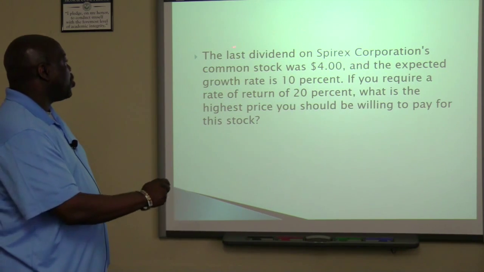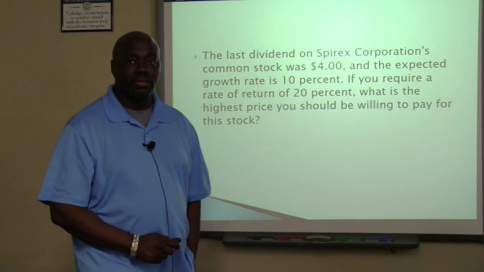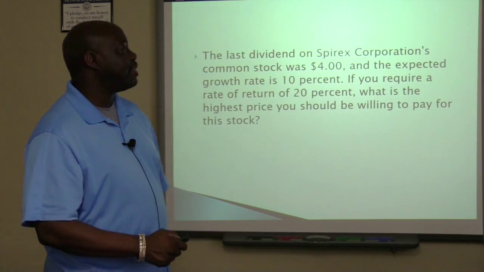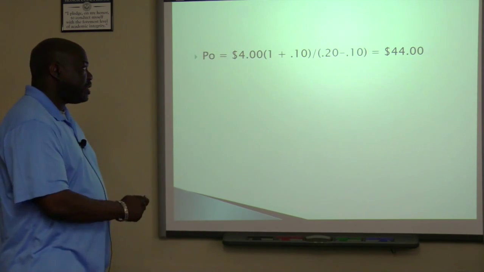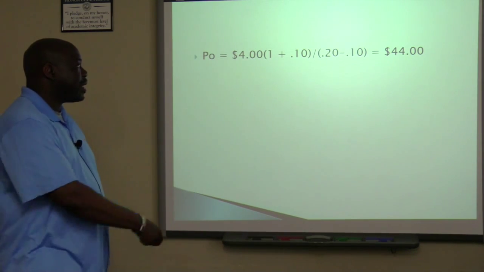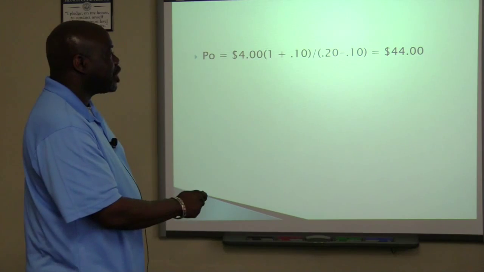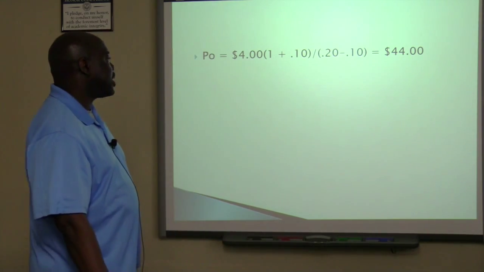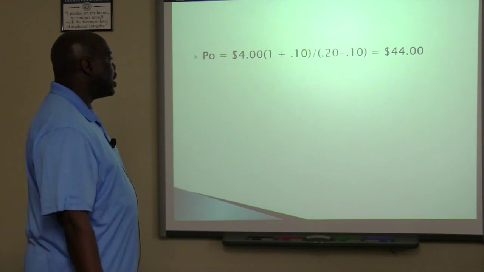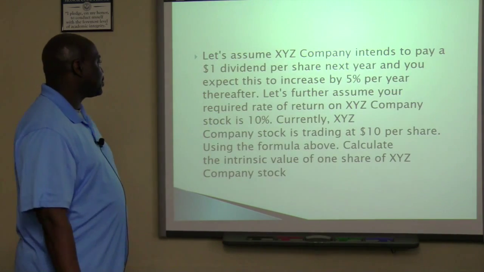So again, we're talking about the last dividend, right? So that's the current dividend formula. We put it into the current dividend formula. $4 is our dividend, 1 plus the growth rate, divided by required rate of return minus growth: $44 is the price we should expect to pay for this stock.